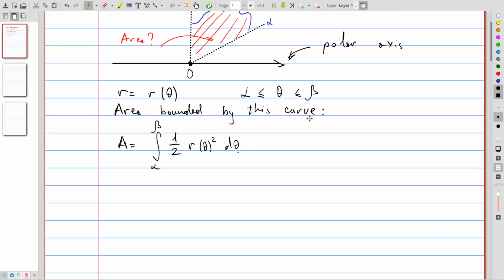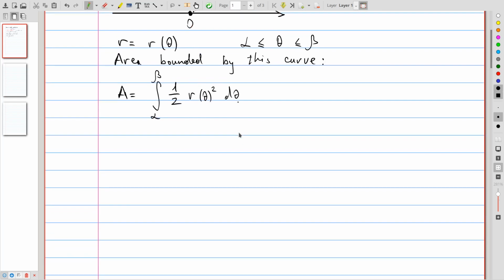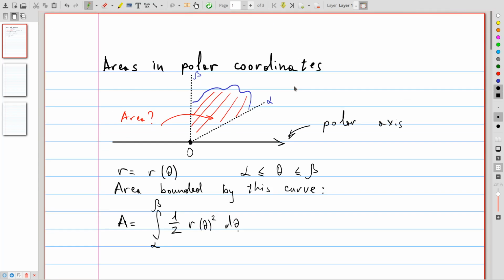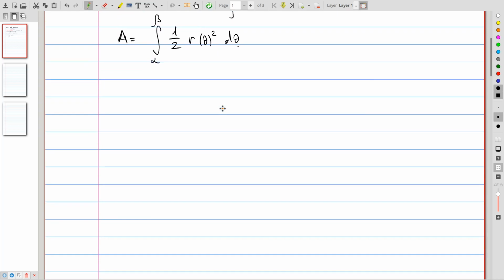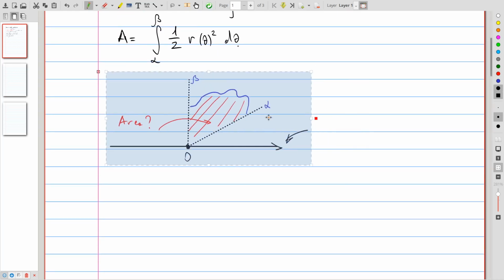To explain to you why this formula works, I want you to think about an element of area in this picture. So let's take this picture again. Put it over here.